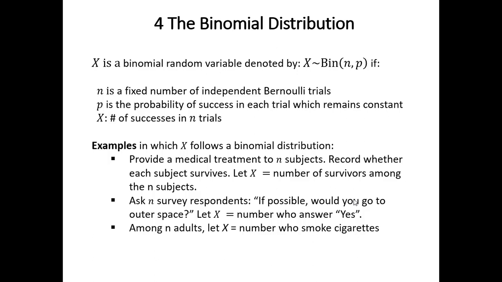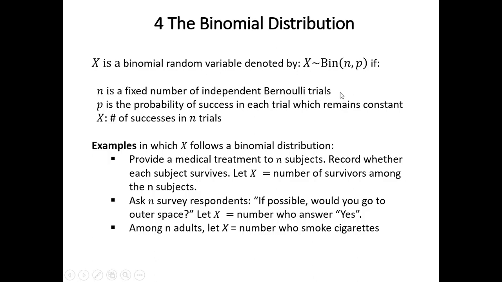The binomial distribution. All right, the binomial distribution is used in a lot of applications. We could think of X as a binomial random variable, sometimes abbreviated Bin(n, p), if n is a fixed number of Bernoulli trials.